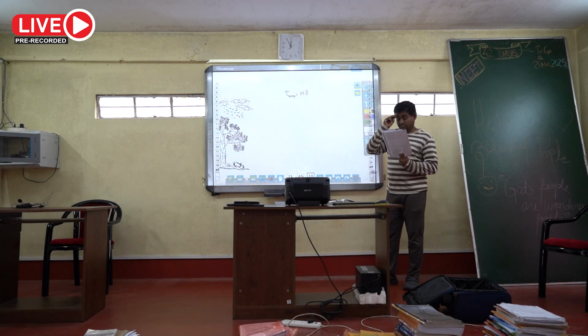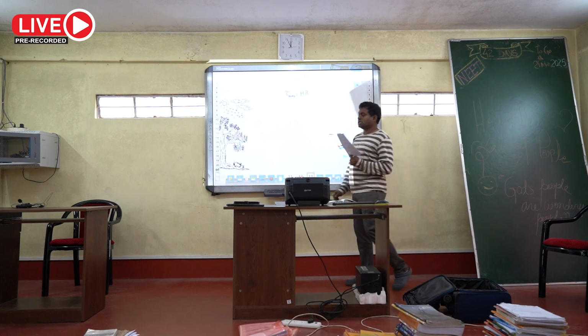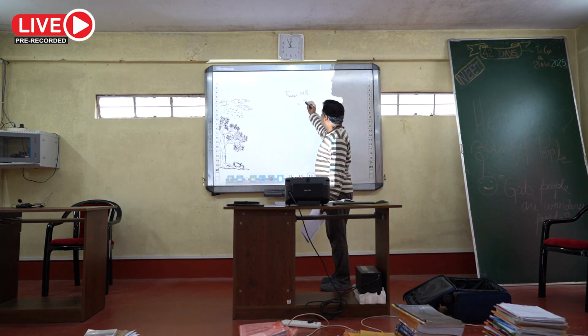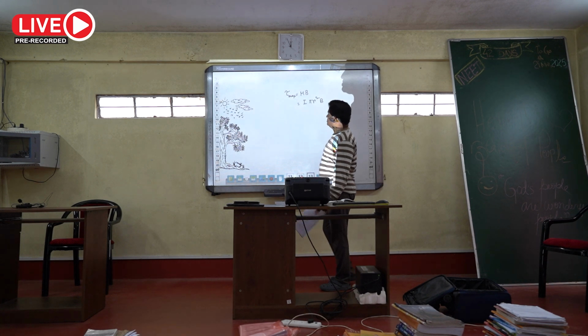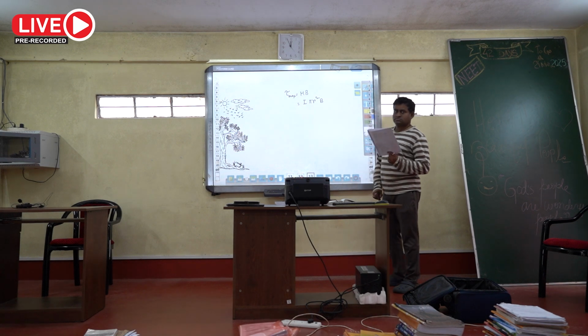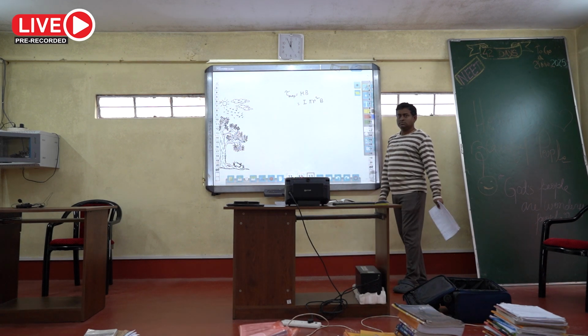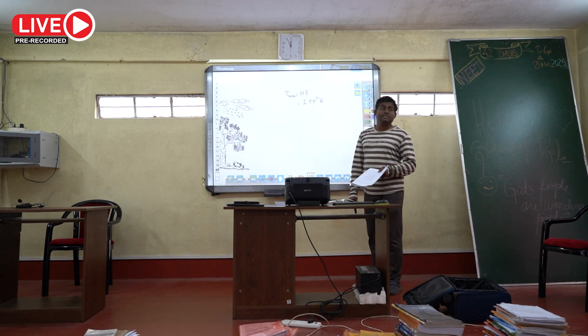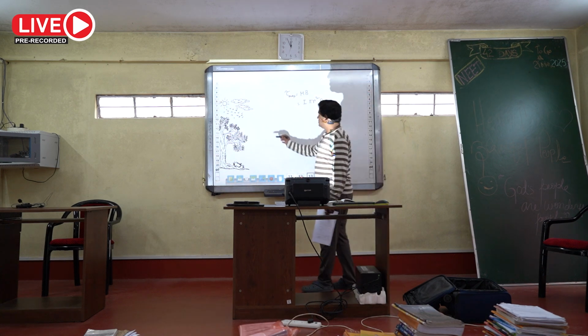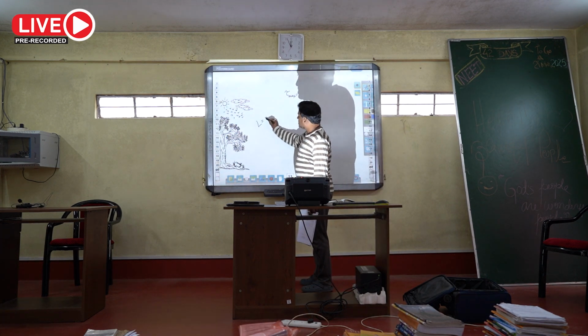Now m equals current into area, for a circular loop. So it will be current I into area of cross section, pi r square, into B. Now the entire loop is of length L, which means the circumference is L. So we can write L equals 2 pi r.